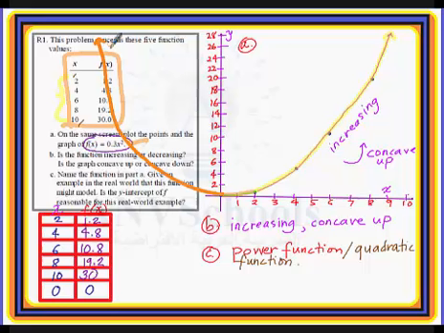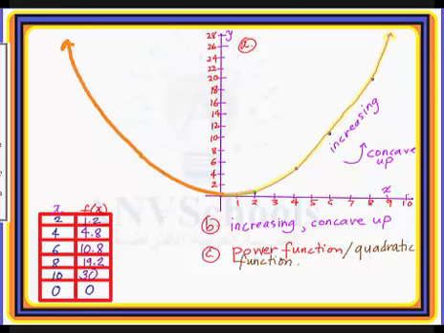So let us make it clearer. Our graph for letter A, which is f of x equals 0.3x squared, would have this complete graph with the vertex lying here in the middle. Okay, this is our vertex.